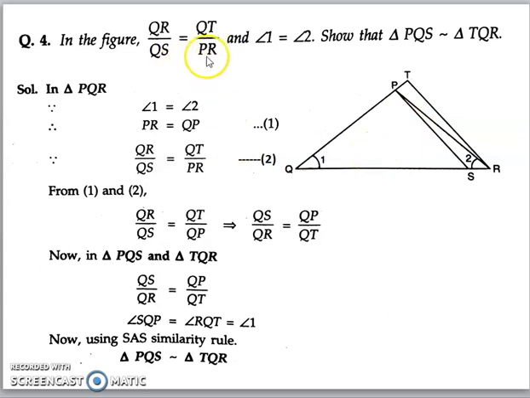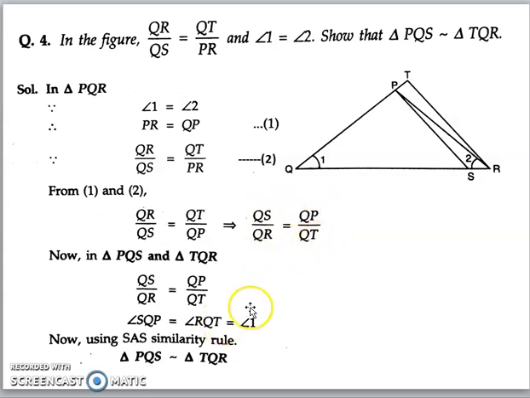Now in this given ratio, we can replace PR by QP. This is already given to us, second equation. So from 1 and 2, replacing PR over here with QP, I get this ratio. Just taking the reciprocal, I will get QS by QR is equal to QP by QT.